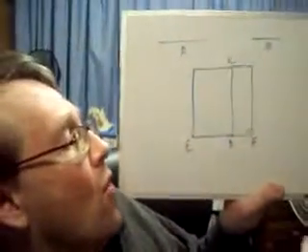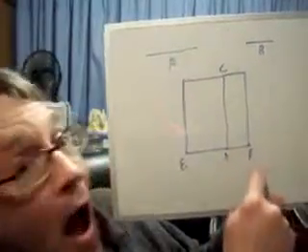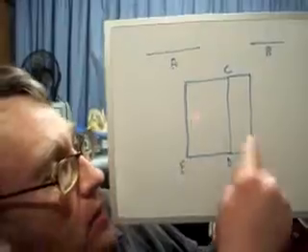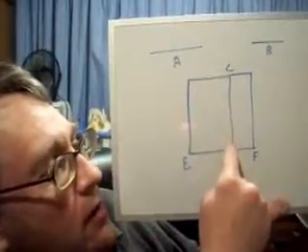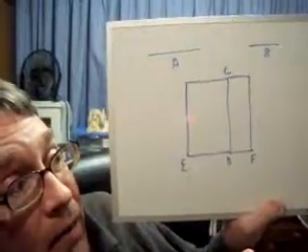Therefore, CD and DF are both rational lines, but they're commensurable with each other only in square. Okay? In other words, no number will measure this line and this line. However, if we make an area out of this, those two areas can be measured by some other area.